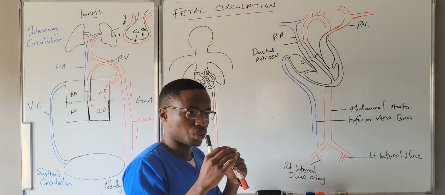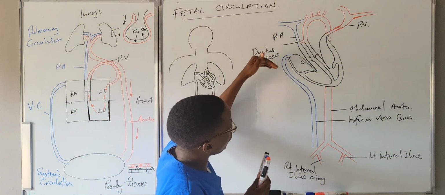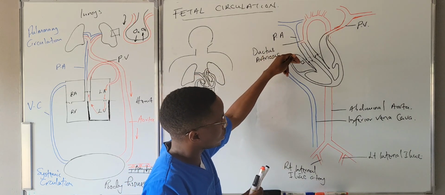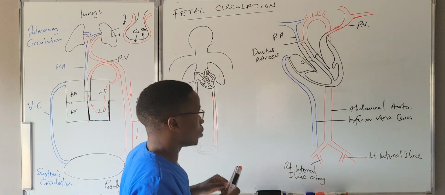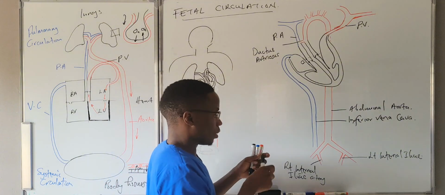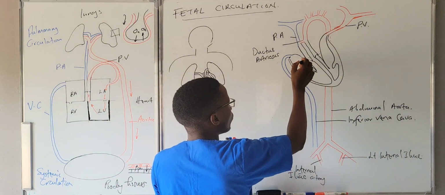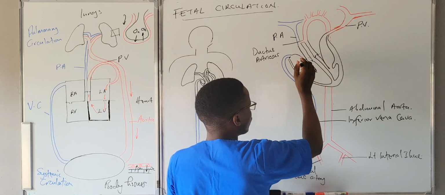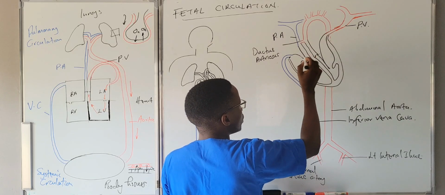It directs oxygenated blood into what is called the foramen ovale. This connection between the right atrium and the left atrium is called the foramen ovale.